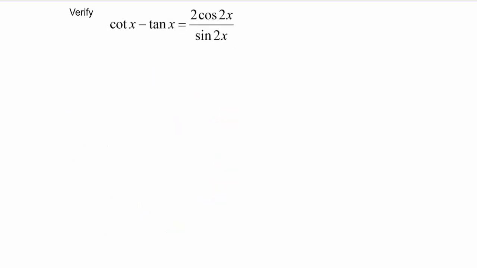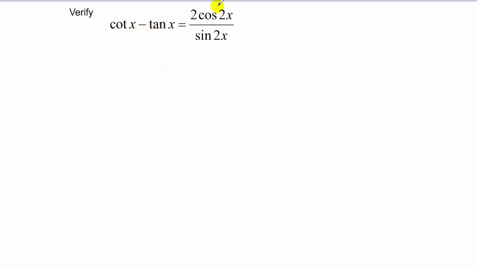Here's another identity. I'm looking for 2 times the cosine of 2x over the sine of 2x is equal to the cotangent minus the tangent. I'm tempted in this case to work with the right side instead of the left side because I think I can get cosine over sine minus sine over cosine.